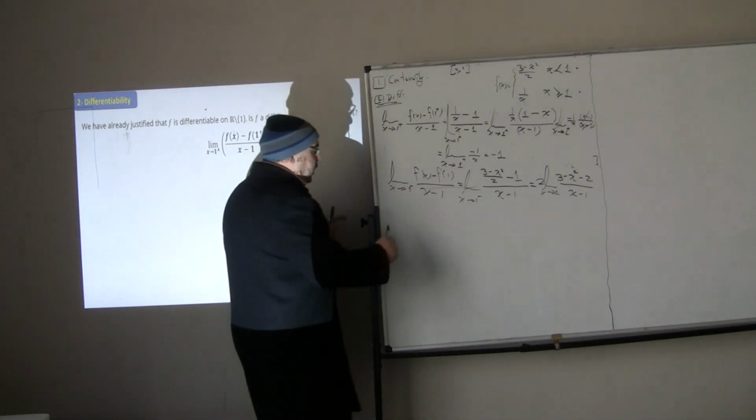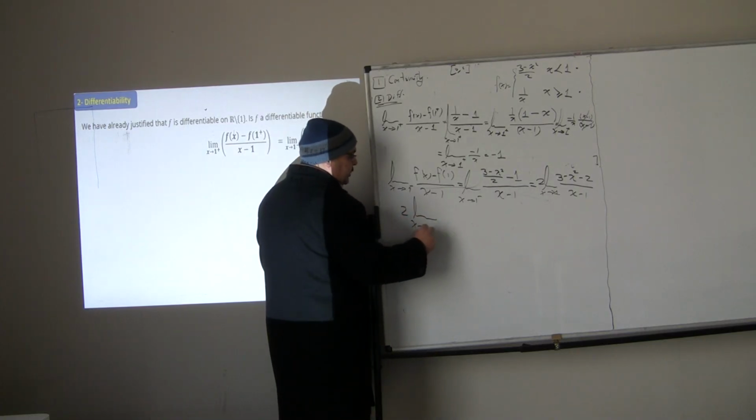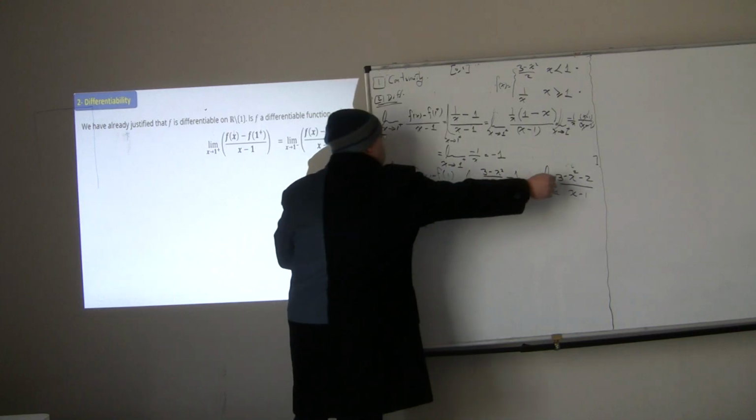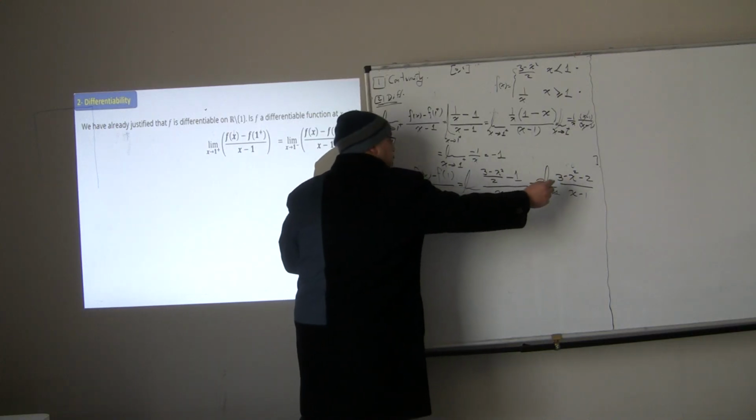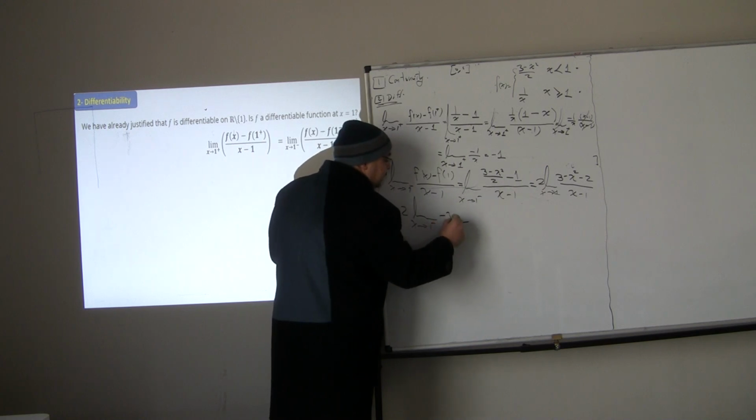The second step, I will do the following. This is 2, and that's the limit as x tends to 1 negative. Once you start simplifying the denominator, you will end up having negative x squared plus 1, divided by x minus 1.